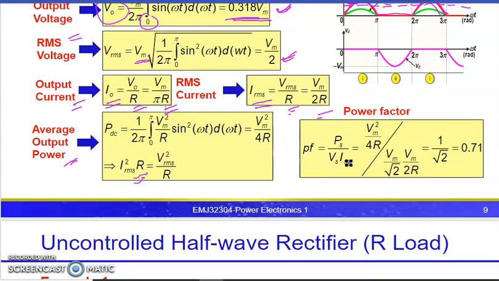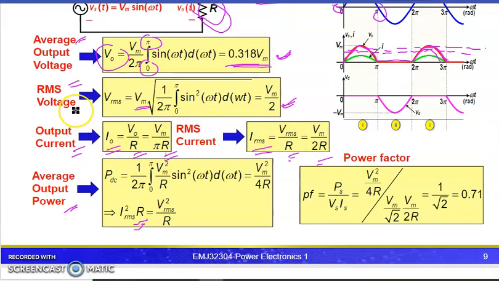So the RMS voltage equals Vm divided by 2. Average is equal to 0.318 Vm, or Vm over pi.